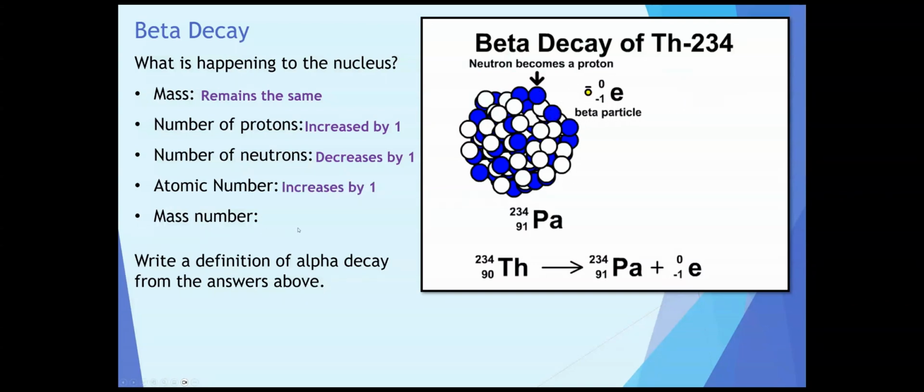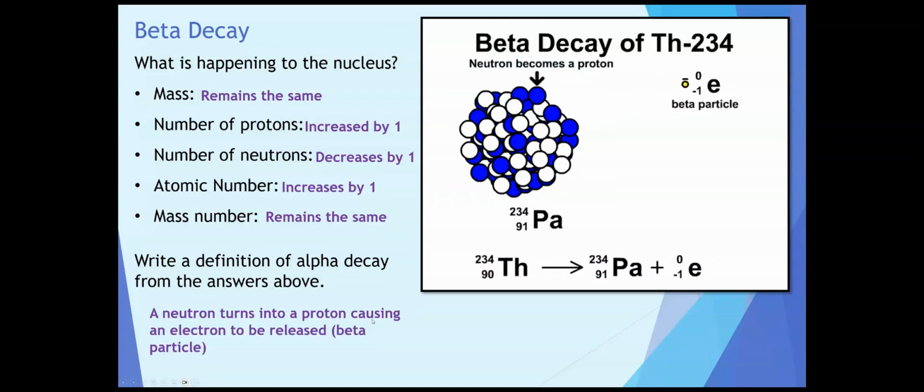And our mass number stays the same, because if the number of neutrons goes down, say we had 10 protons and neutrons, the overall number of particles goes down to 9, but it turns into a proton, so it goes back up to 10 again. So the number remains as 10. So the mass number remains the same. Now, a good definition is a neutron turns into a proton, causing an electron to be released. That's a good definition of beta decay.